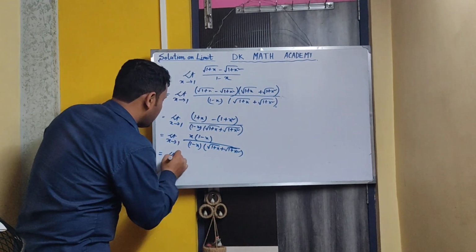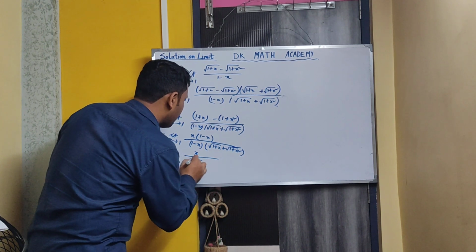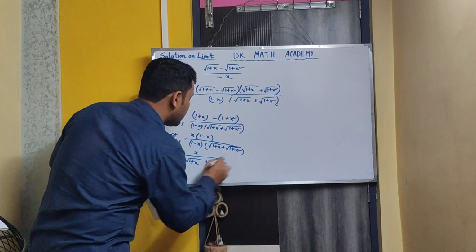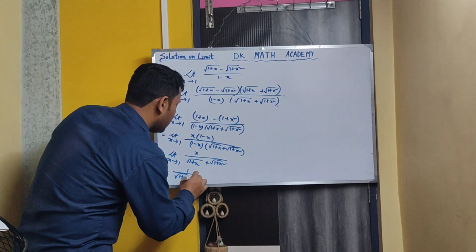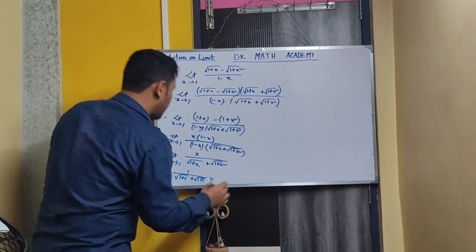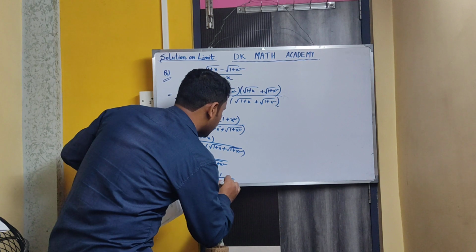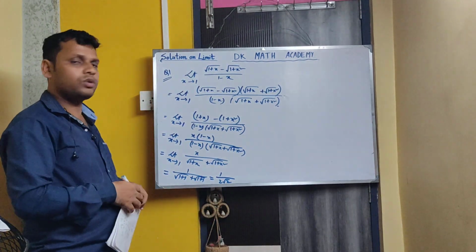Now we have limit x tends to 1, x divided by root over 1 plus x plus root over 1 plus x square. So this is 1 by root over 1 plus 1 plus root over 1 plus 1, that is 1 by root 2 plus root 2, that is 1 by 2 root 2.